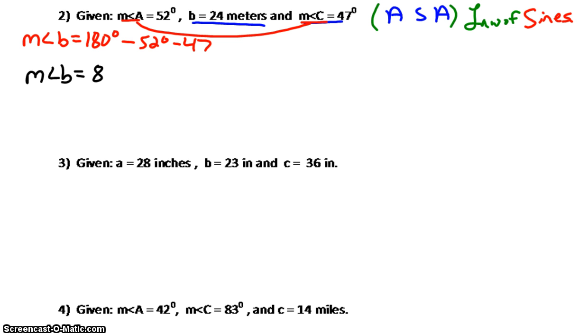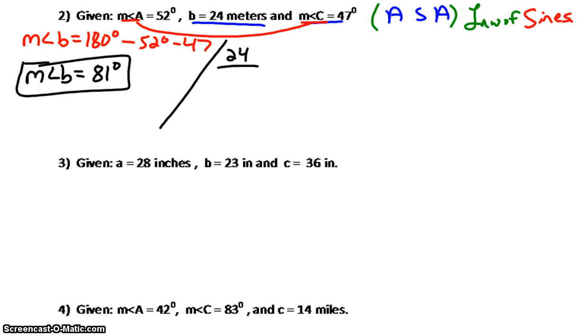So 81 degrees. Now, I'm going to leave the rest for you to do, but I'll set up the first part. And because we have B of 24, I'm going to use my sine of 81. And then I'm going to either solve for A or B. Let's solve for side A, which means we need the angle, so sine of 52.